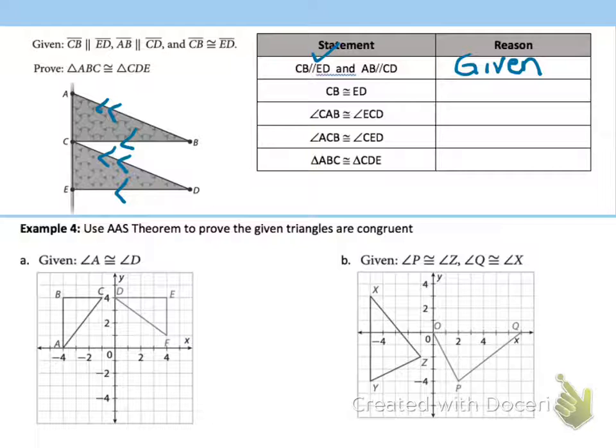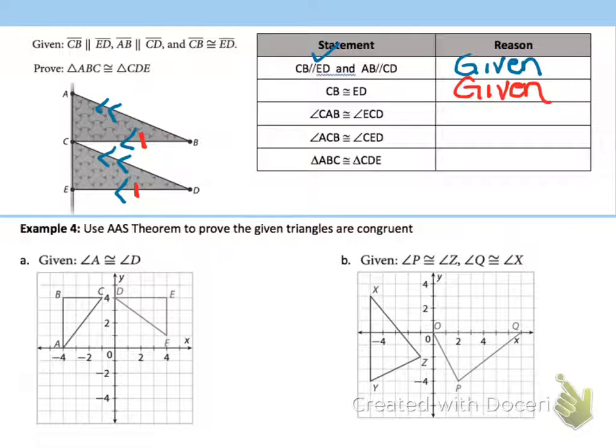And we're also given one specific congruent fact. We're told that CB, so that's this side right here. Maybe I'll mark the congruences in a different color. So CB and ED are congruent, and that's also given. So this, once again, is one where they'll give you the statements and you just have to come up with the reason.